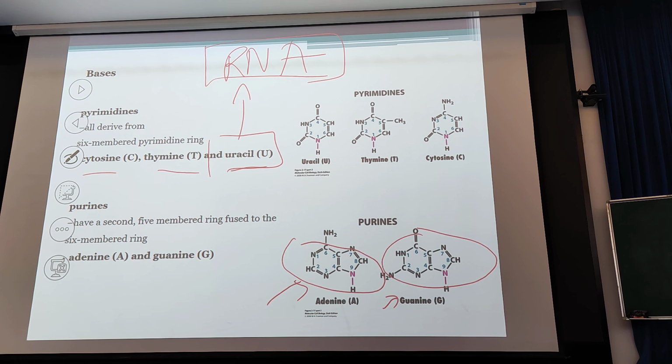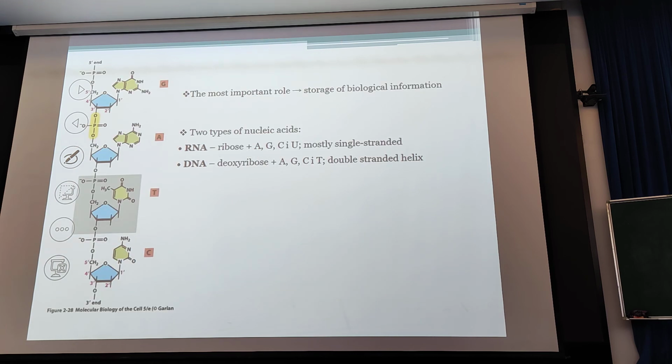The nucleotide is named according to its nitrogen base. And the most important role of nucleic acids is storing biological information. There are two types of nucleic acids in our bodies, RNA and DNA.